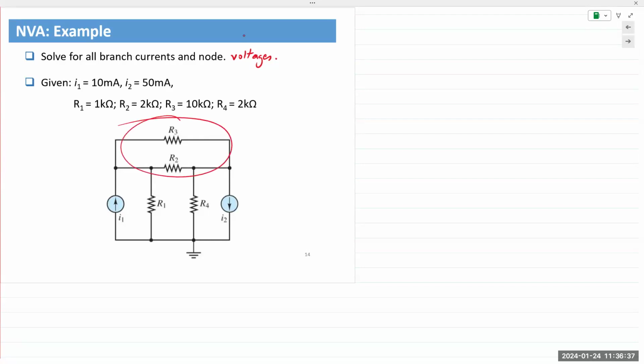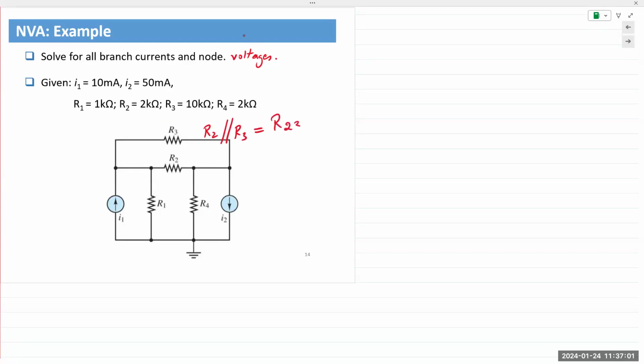Relationship between R2 and R3. What can we say about that relationship? They are in parallel. Both have 2 terminals and both of their terminals are connected to each other. And so R2 and R3 are in parallel.